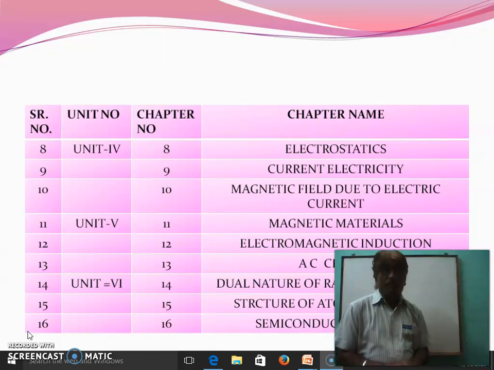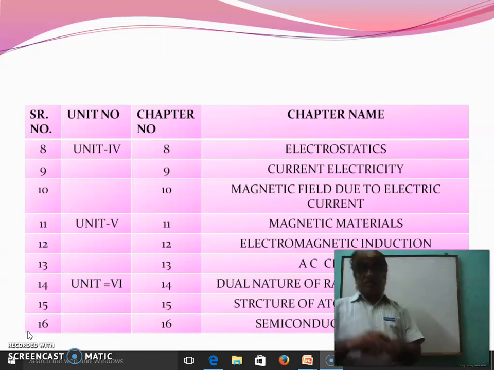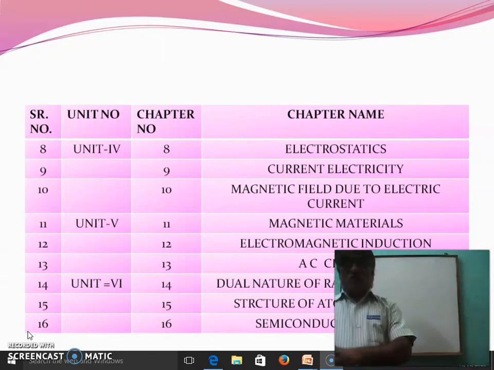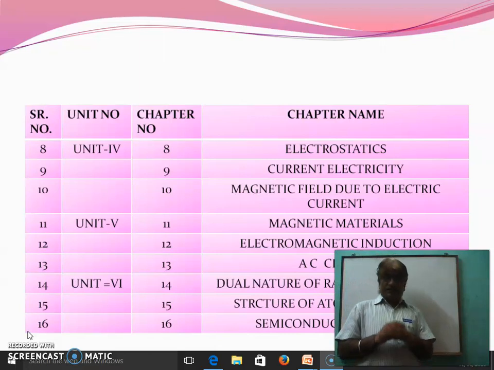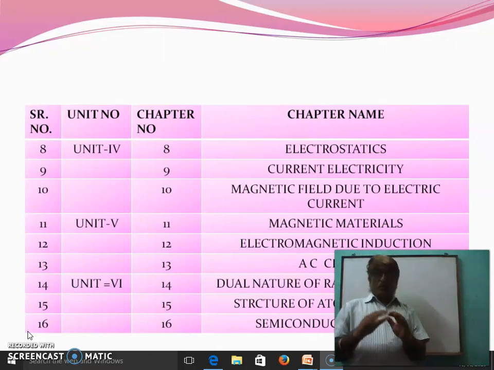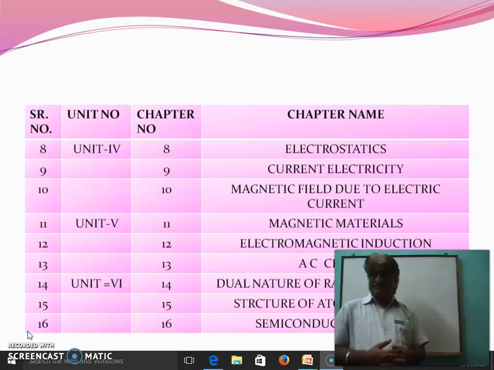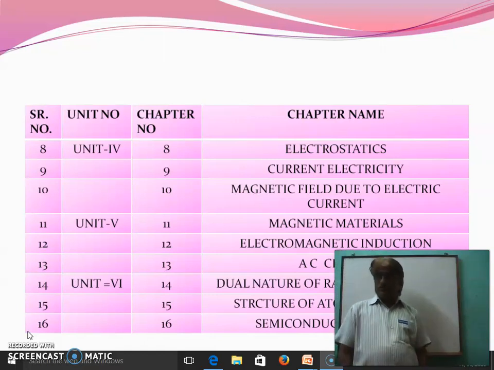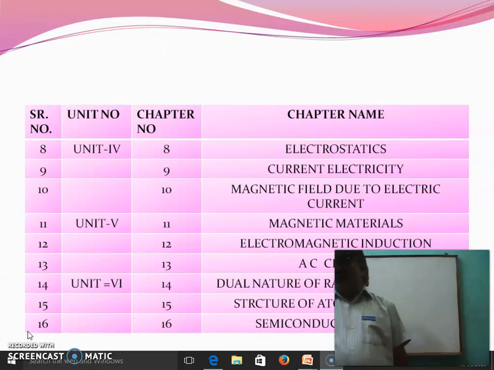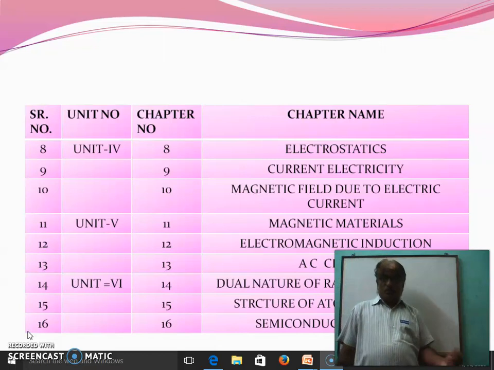Chapter number 15 is structure of atom and nuclei. In this chapter, we see the nucleus and nucleus size, and also a stable orbit, a stable atom, as stated by the scientist Niels Bohr's postulates.